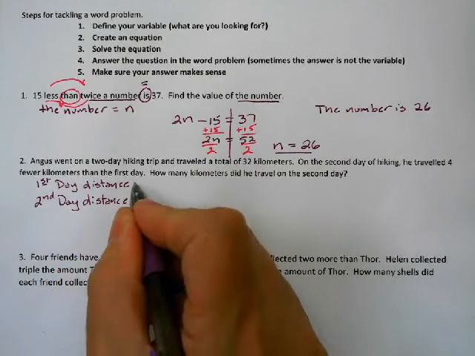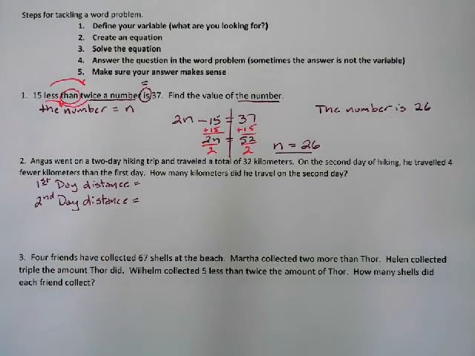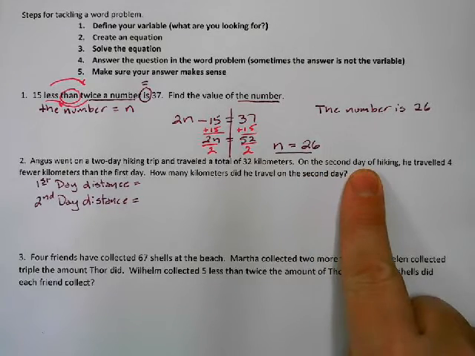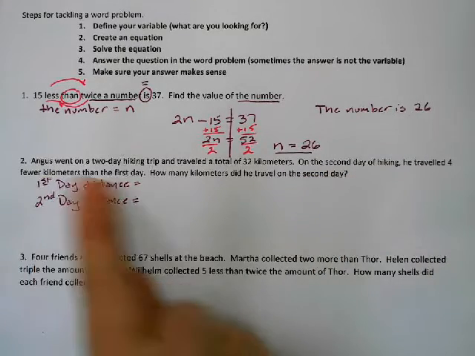Now they both can't be the variable. So on this one, here's how I decide which one is going to be X or N or D or whatever letter I use. I look at it and ask, okay, what is being compared to the other thing? Well, I can tell here the second day is being compared to the first day.